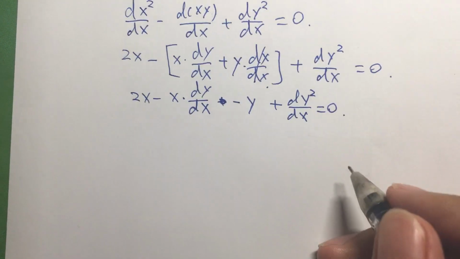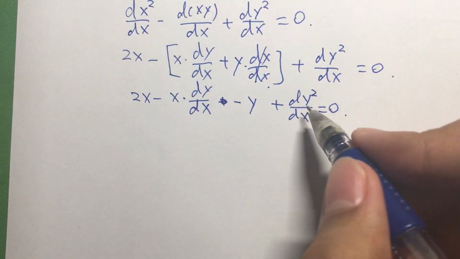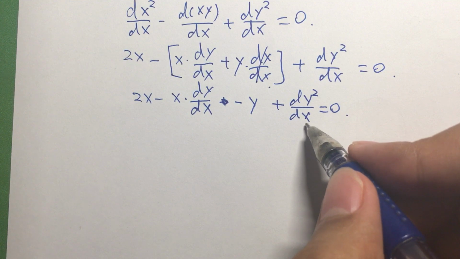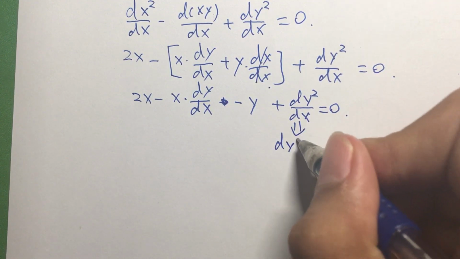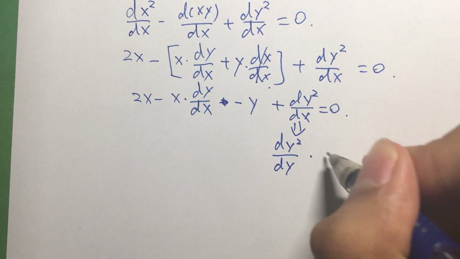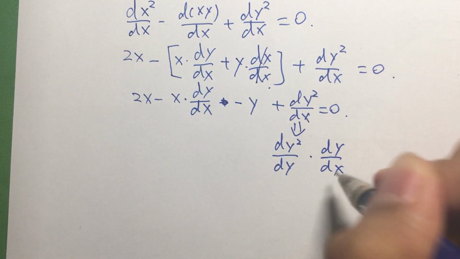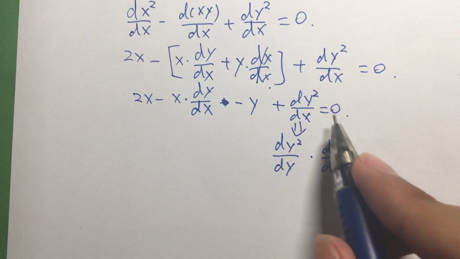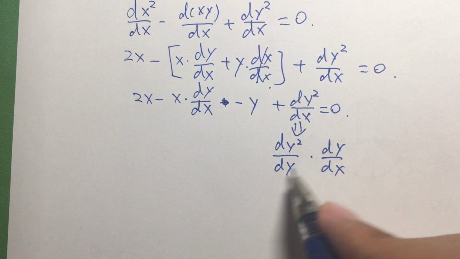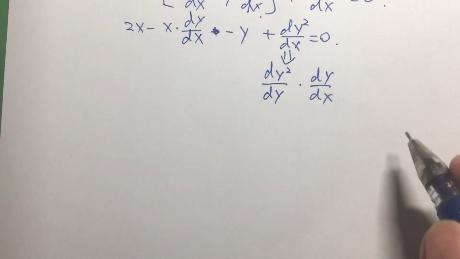equals 0. And now for this part, we are going to apply our chain rule. So this will become dy squared over dy times dy over dx. And we can see that this and this are exactly the same thing if you cancel the dy's.